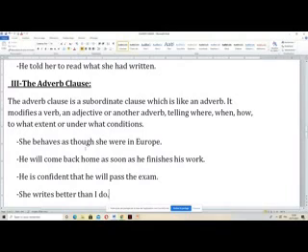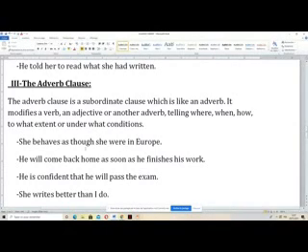"She behaves as though she were in Europe." The adverb clause here is "as though she were in Europe." It's an adverb clause functioning as an adverb of manner, modifying the verb behaves. Good.